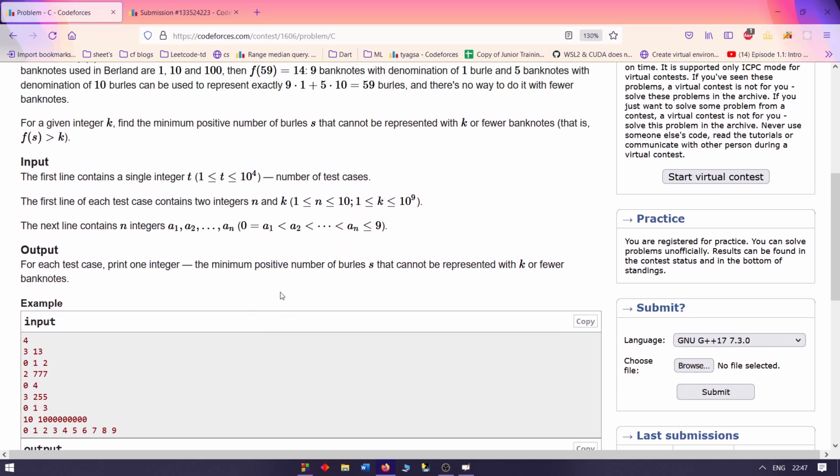Because it's given that k is at most 10 to the power 9, and the maximum value of an is also 9. So if an is 9, then that particular coin would have 10 to the power 9 value, and you have k as 10 to the power 9, so it would be 10 to the power 18. So I just added 1 and I took 19 digits. Okay.